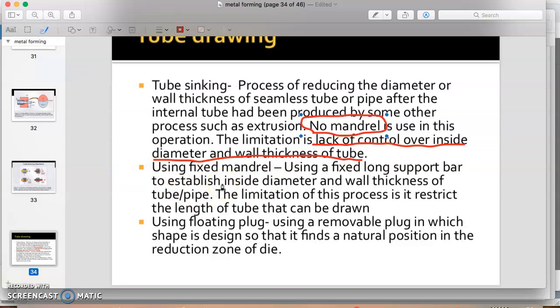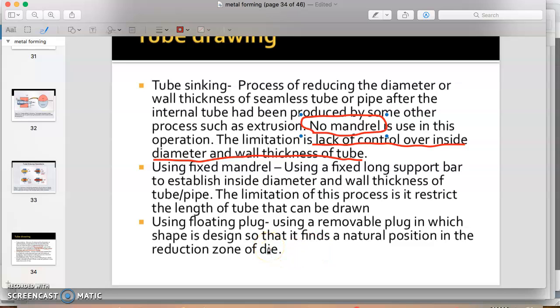If you use the fixed mandrel, you can establish the inside diameter and wall thickness of the tubes, but the limitation is the length of the tube to be drawn. If you use the floating plug or floating mandrel, this is a removable mandrel, and you can use it for longer tubes.